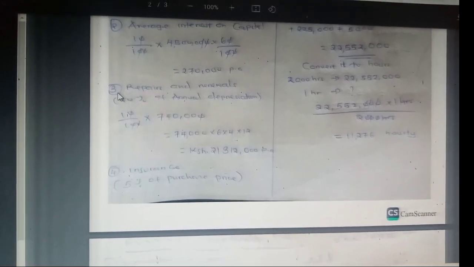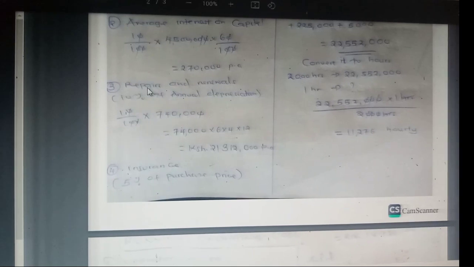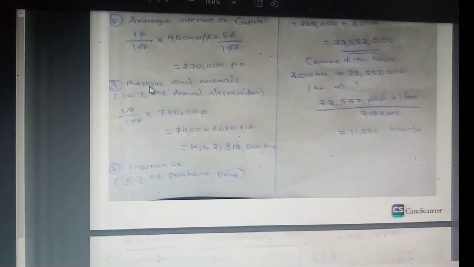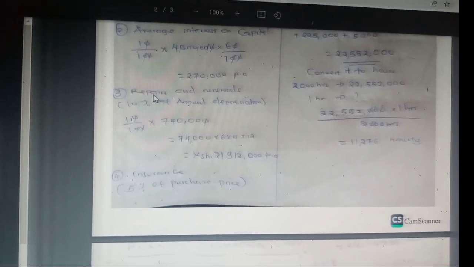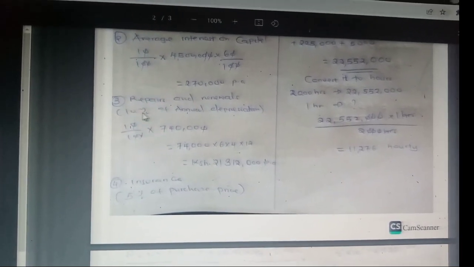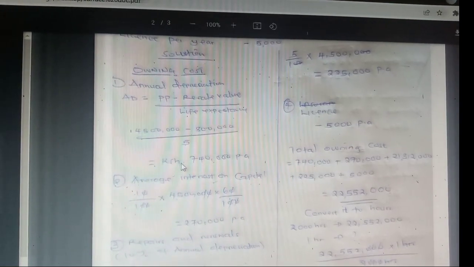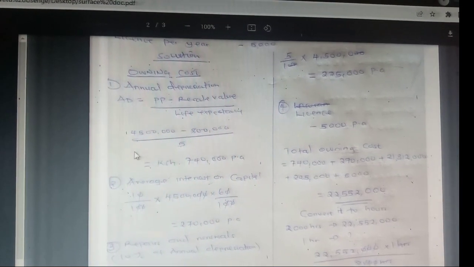So the next item in the owning cost is the repairs and renewals. Remember, the owner of the machine is the person who will incur those costs. We were told it is 10% of the annual depreciation, so you take 10% of our annual depreciation, which was 740,000.